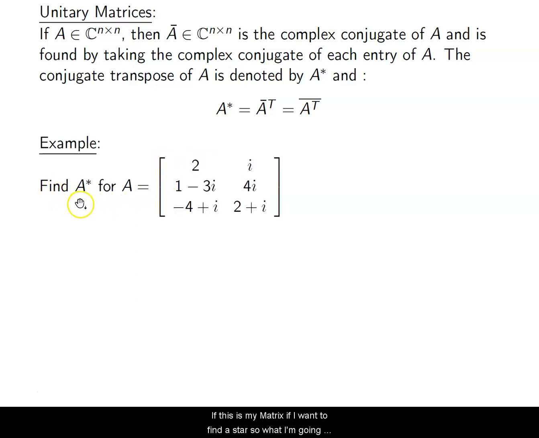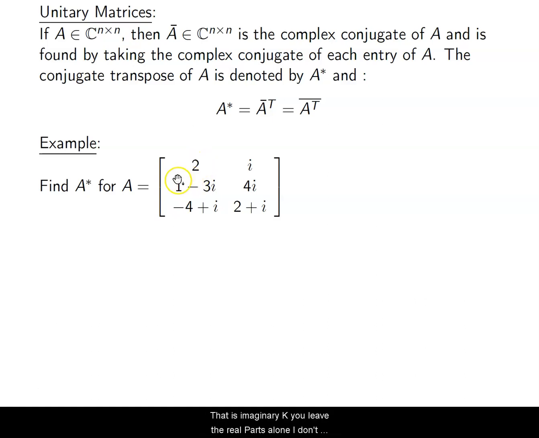If this is my matrix A and I want to find A star, I need to either transpose this first and then take the complex conjugate, or take the complex conjugate first and then transpose. I think it's easiest just to take the complex conjugate. Remember, the complex conjugate means that you change the sign on everything that is imaginary.